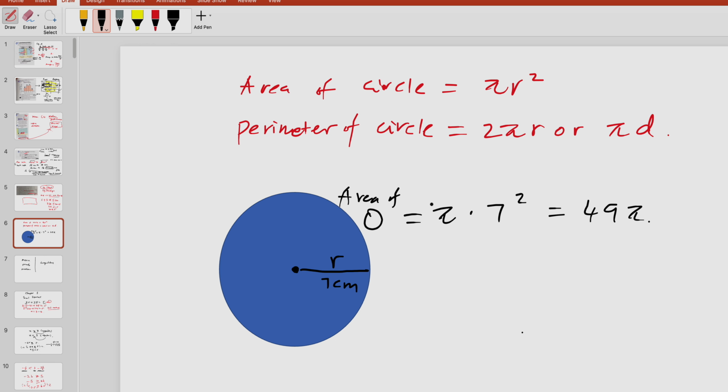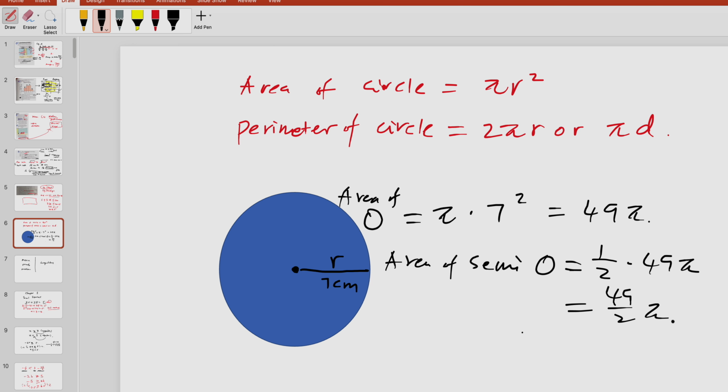What about semicircle? The area of a semicircle is half, so it's half times 49 pi, so it's 49 over 2 pi. Of course, I'm not interested in the answer. Then what about quadrant? It's 1 quarter times 49 pi, so it's 49 over 4 pi, right?